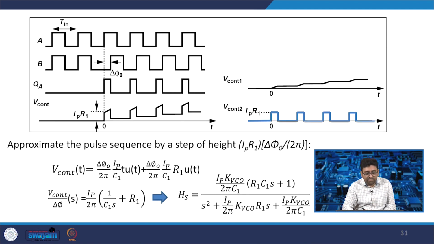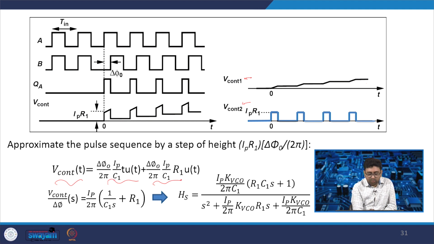Now, if we want to find out the complete transfer function, here this is V control, which we have approximated as linearly changing with time, and above it there is a ripple. So, there is a V control 1 and V control 2 if we decompose it like a superposition theorem, and the total V control(t) is a combination of V control 1 and V control 2.